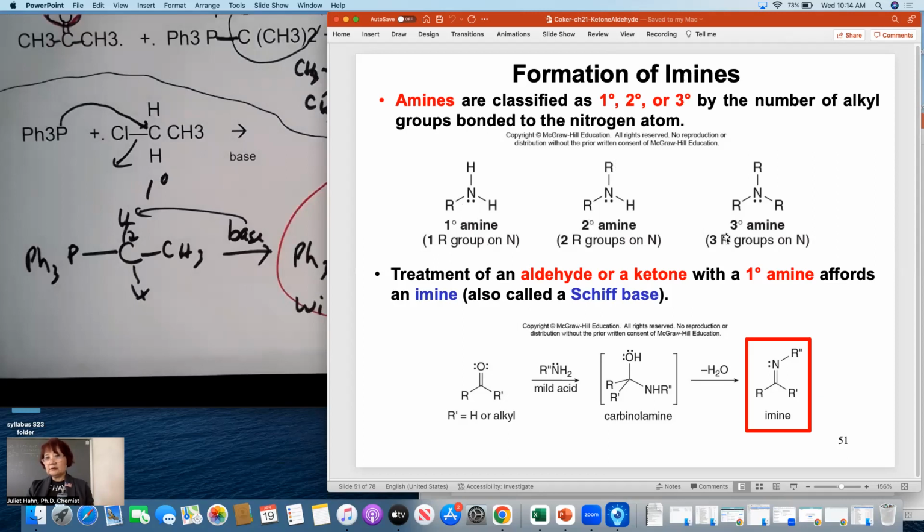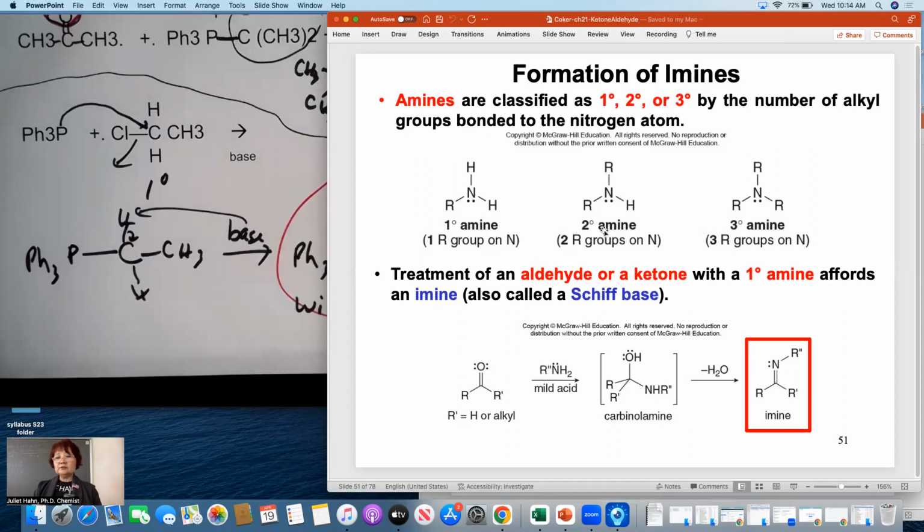This is a tertiary amine. It's got 3 R groups. So the number of the amine just goes by the count of the number of R groups you have on your amine. If you have a primary amine, you'll get an imine for the product. Secondary amine, you'll get an enamine for your product, and tertiary amines don't usually do reactions like this.